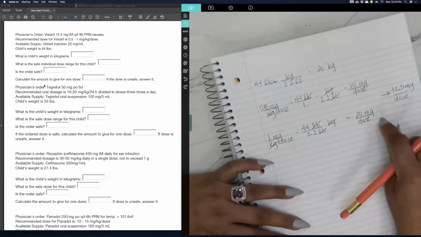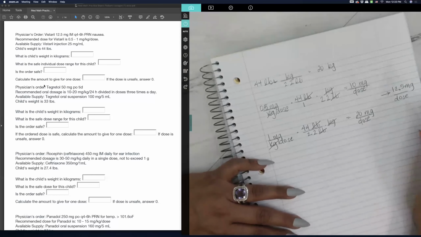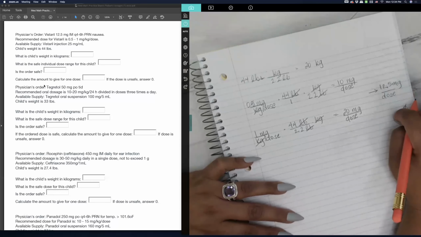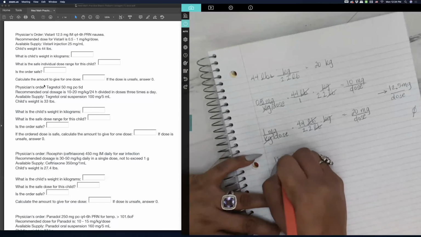And because it is in the safe range, we're going to calculate the amount for 1 dose. If the dose is unsafe, you would enter a 0 for the test response, right? But this is a safe dose, so we're going to go ahead and calculate it. Okay, so the doctor's order is 12.5 milligrams.